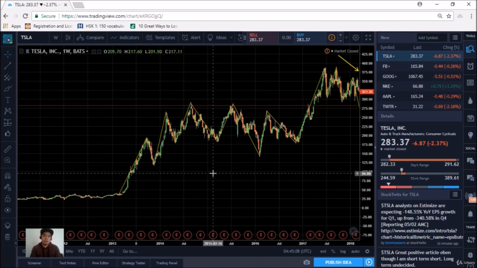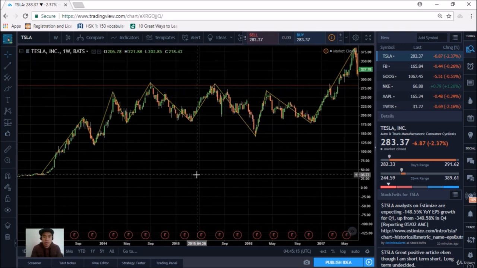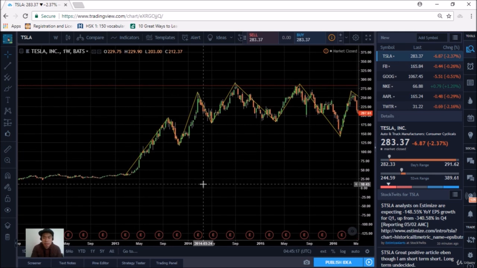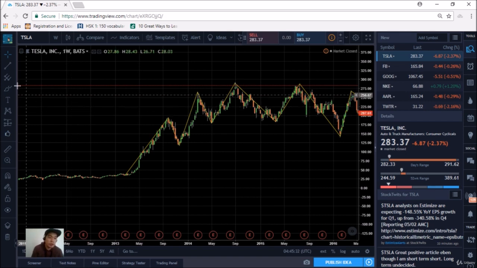Now what we're trying to do is see the market in terms of power, and we will apply Fibonacci to see whether there is power or not. If you want to use Fibonacci, any platform provides Fibonacci tools, and you have to look for it.